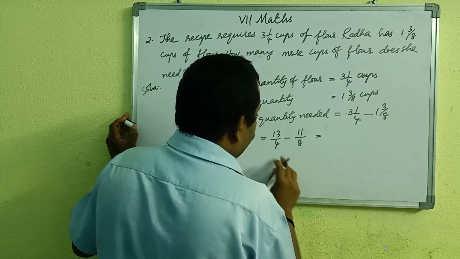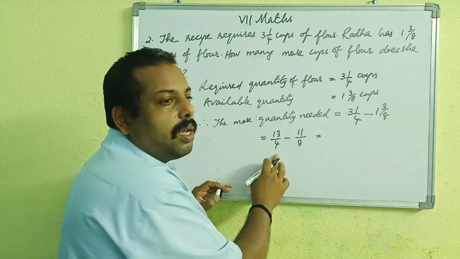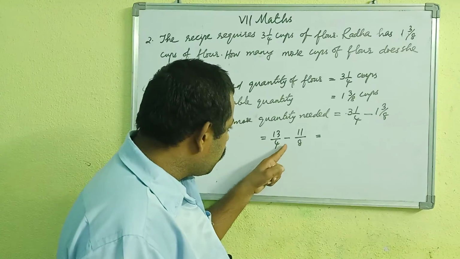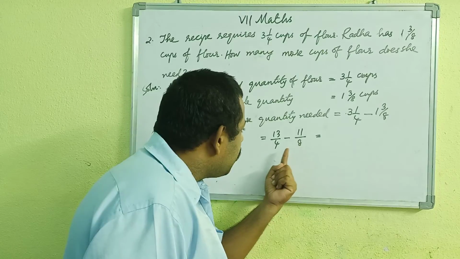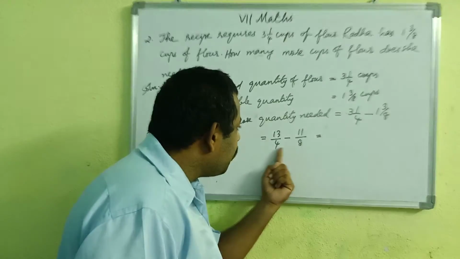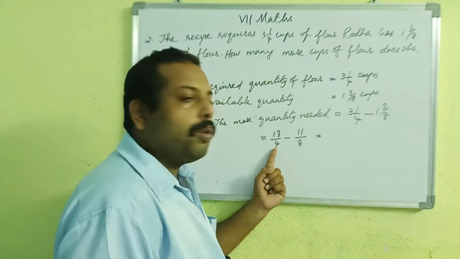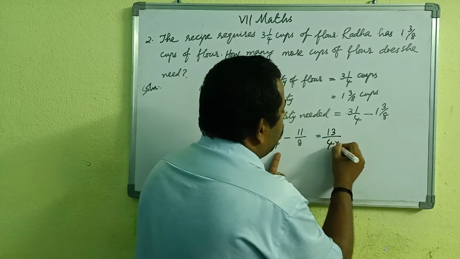Every time denominators should be equal. If they are different, we have to substitute the value here so that the denominators will be equal. See, in this case, 4 and 8. The LCM of 4 and 8 is nothing but 8. So we will make this 4 into 8 simply by multiplying by 2.